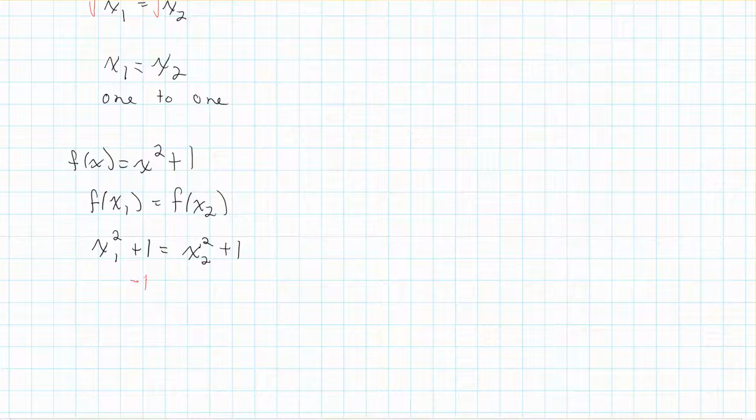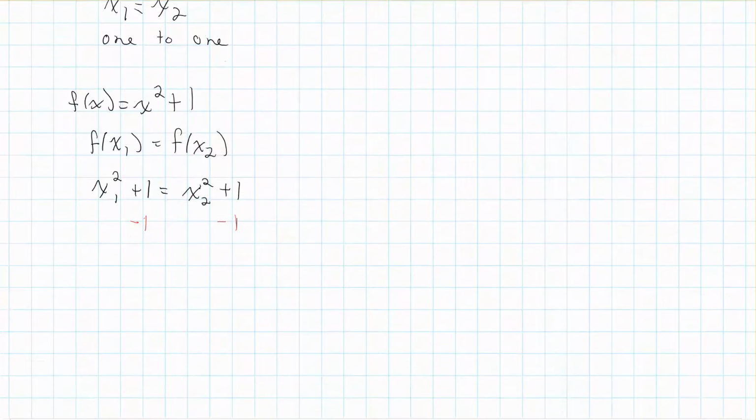So subtract 1 from both sides, and we would wind up with x1 squared is equal to x2 squared. Now, when you take a square root of both sides, remember you get plus and minus. So x1 is equal to plus or minus x2, which means they're not the same value.